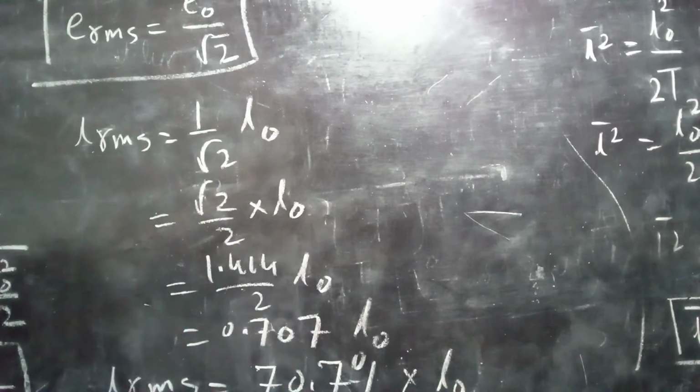Write here: the root mean square value of alternating current is 70.7% of peak current.